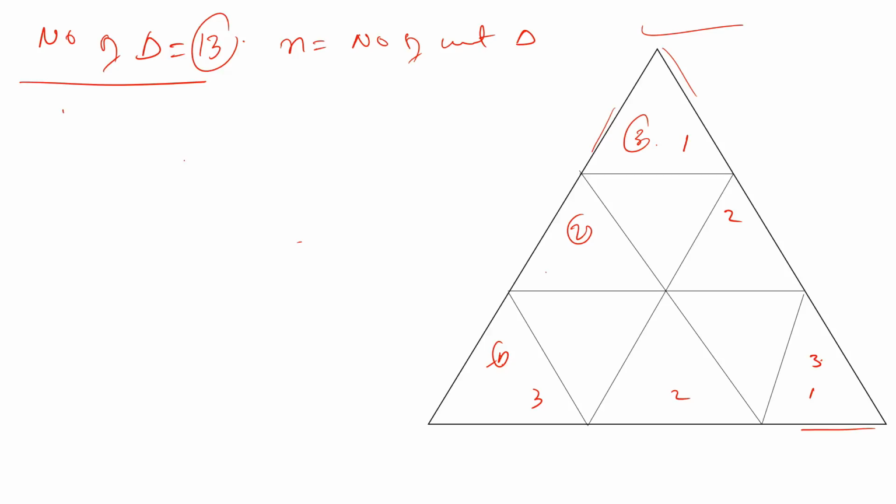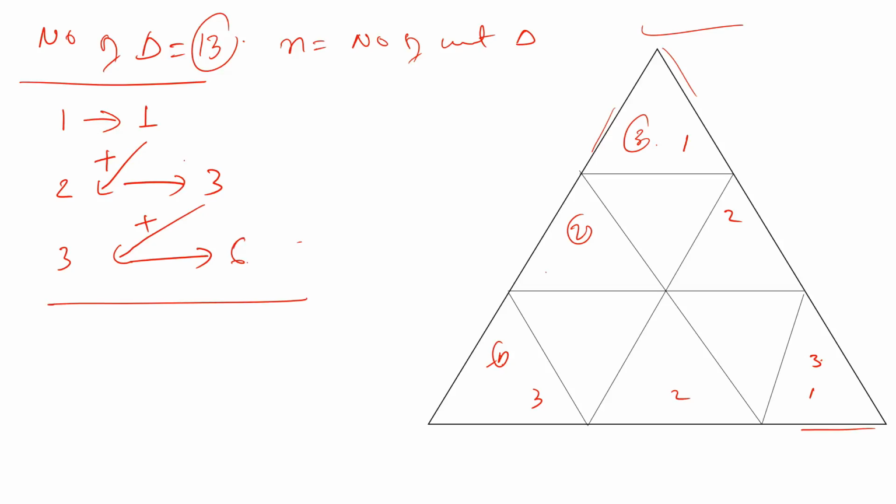So we will write here 1, 2 and 3. For 1 we write 1, and 1 plus 2 we get 3, and 3 plus 3 we get 6. And after this we have to add all these numbers, 1 plus 3 plus 6: 1 plus 3 is 4, 4 plus 6 equals 10.